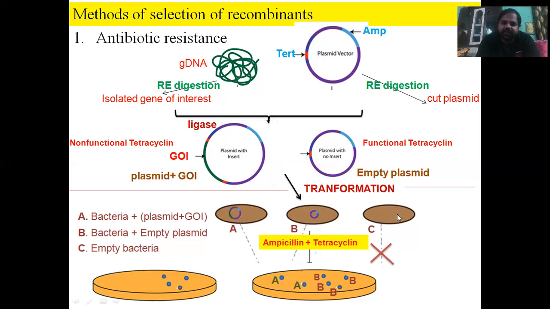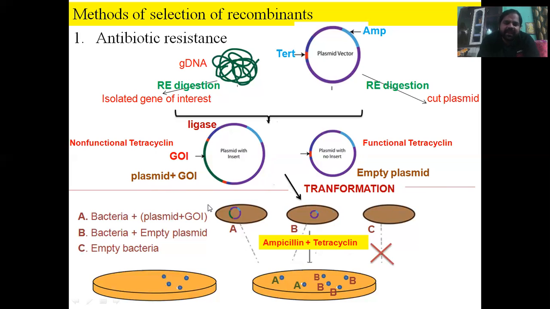combinations of bacterial cells. Some of the bacteria will not receive or will not be transformed, and these bacteria will not contain any plasmid. Some of the bacteria will have the empty plasmid, and some of the bacteria will have the plasmid with our gene of interest.